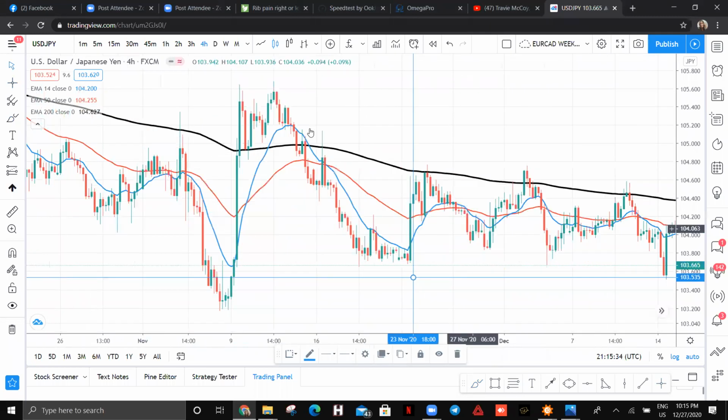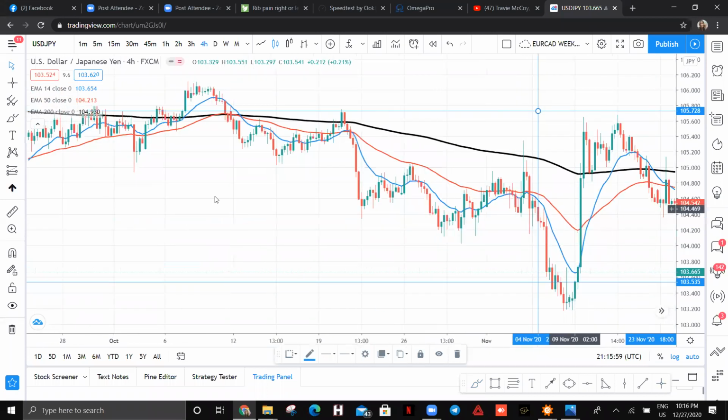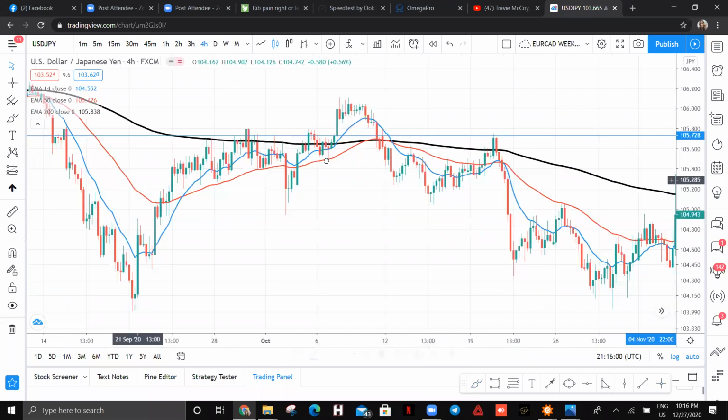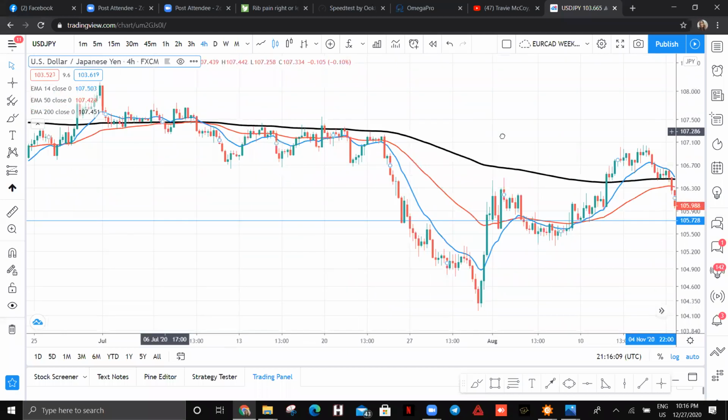Now you see this crossing here. Let's assume this was the first crossing that happened. Let's look for a first crossing that happened for a sell. It was a buy before it became a sell.